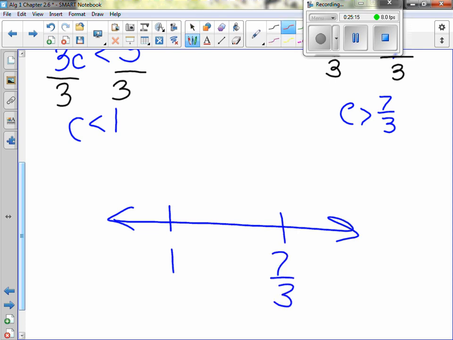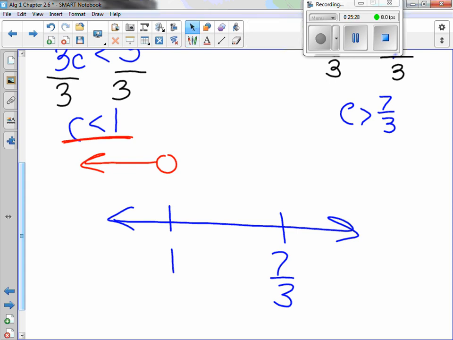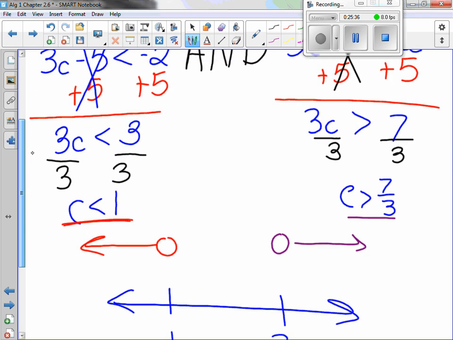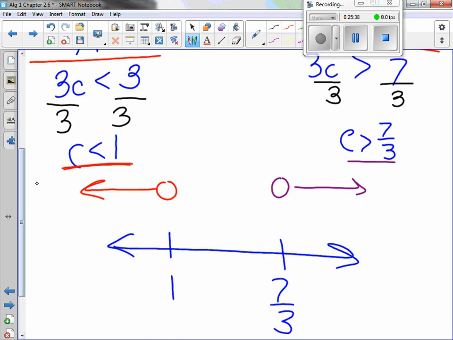Let's look at this on a number line. So this here, c is less than 1. So at 1, we're going this direction here, yes? And this one is going this way, yes? Now, what did we say this was?